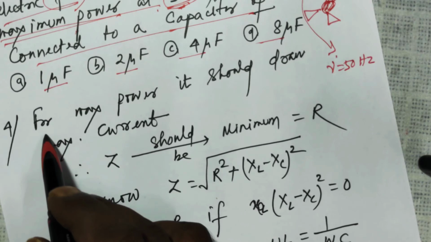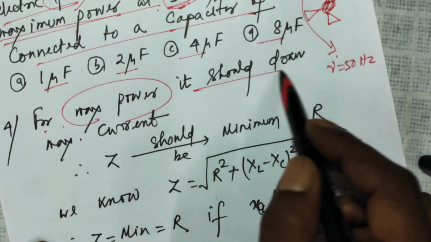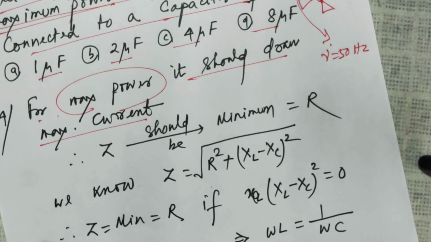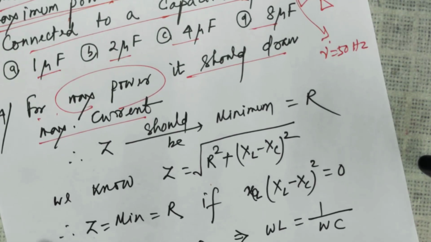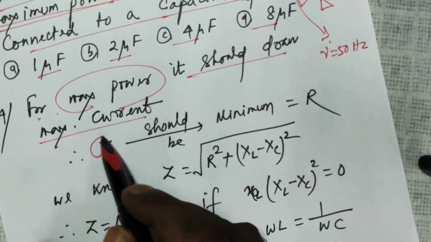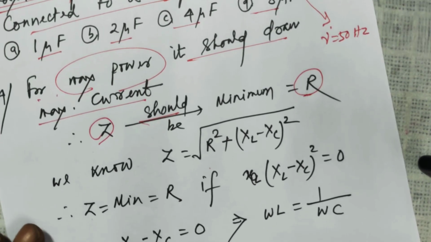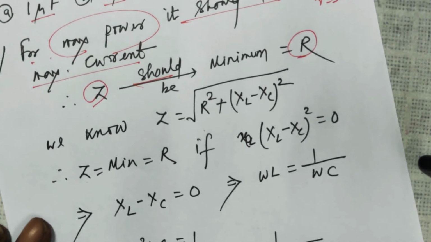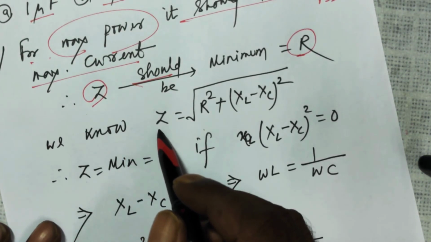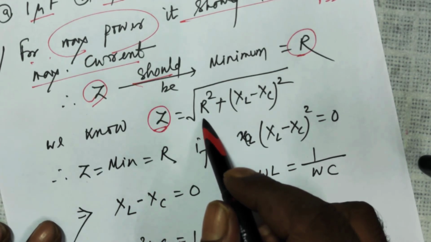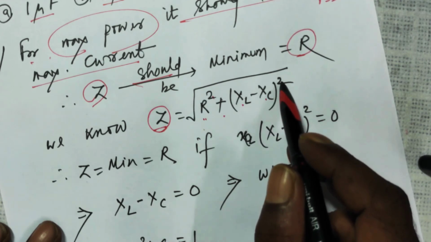Now, for maximum power, it should draw maximum current. And means the total resistance, called the impedance, symbol Z, should be minimum, equal to R. Now, we know from theory lessons, the total resistance, that is called impedance, symbol Z, was derived like this: square root of R square plus (XL minus XC) square.